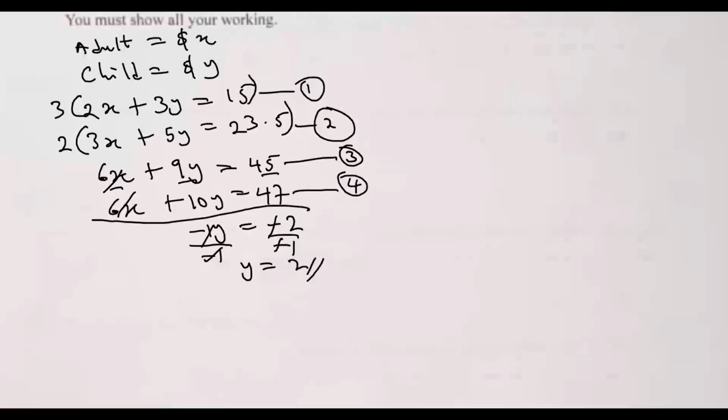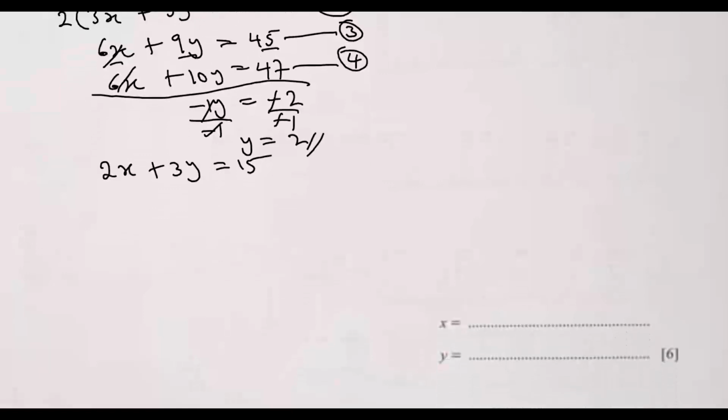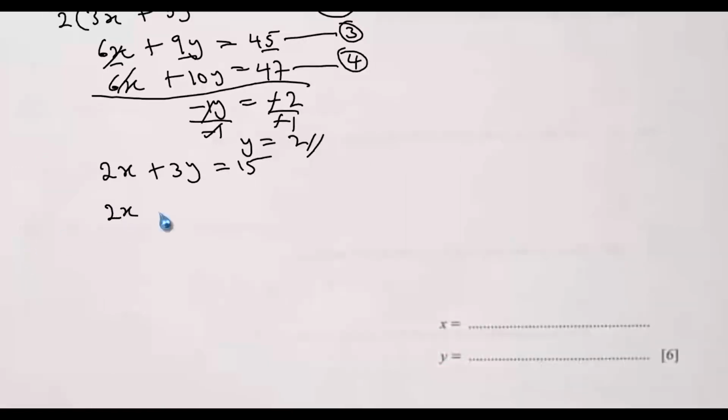So we can substitute it into any of the equations. So we have the first equation to be 2x add 3y equals to 15. So that was the equation 1. So now we have 2x add 3 into the value of y, which is now 2, then equals to 15. You have 2x add 6 equals to 15.